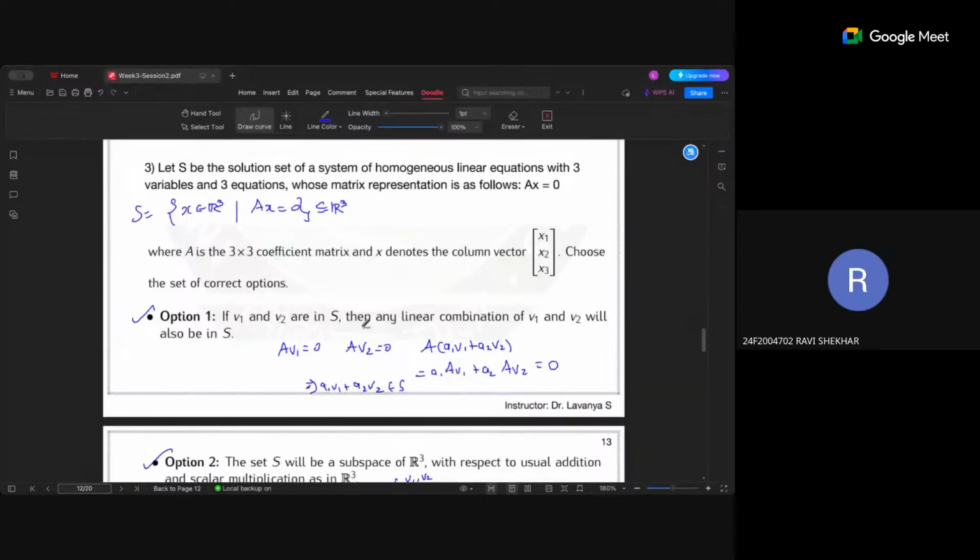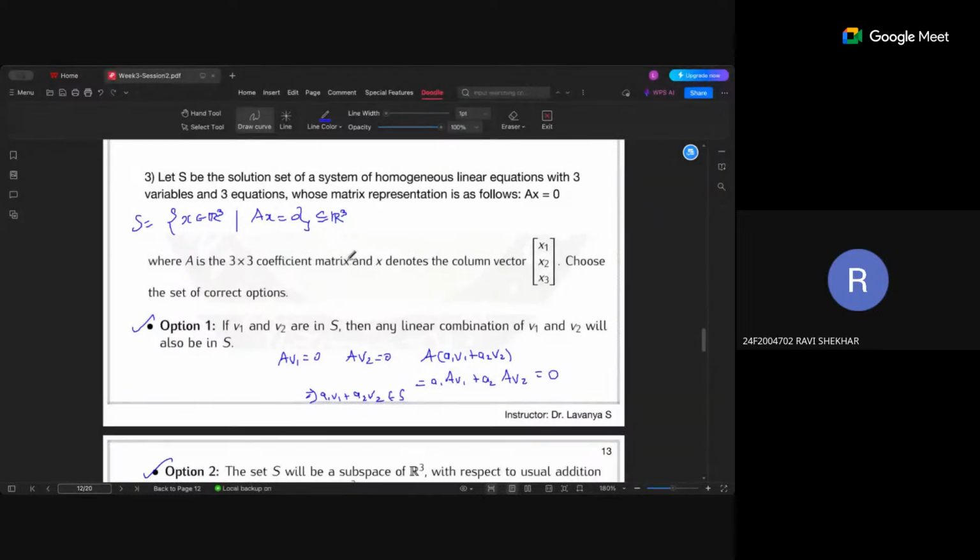The question statement: let S be the solution set of a system of homogeneous linear equations with three variables and three equations, whose matrix representation is Ax equals 0. I'm confused about when you say solution set. We are talking about the vector x, so how come it is a set? Is whatever I have written here a set?